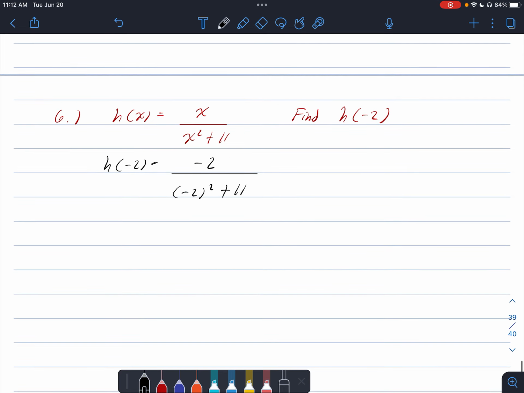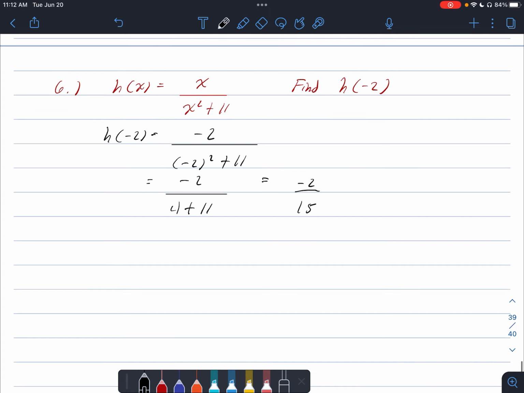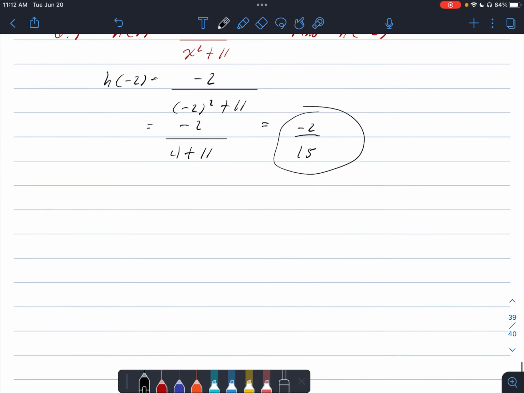So we'll have negative 2 over 4 plus 11, which is equal to negative 2 over 15. And I think that's about as simple as you're going to make that. So h of negative 2 is negative 2 over 15.